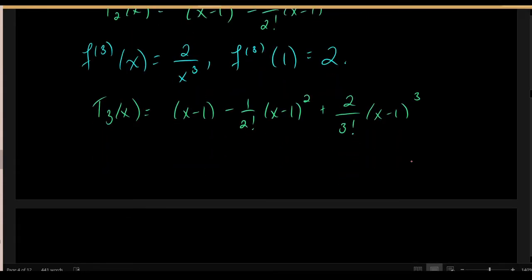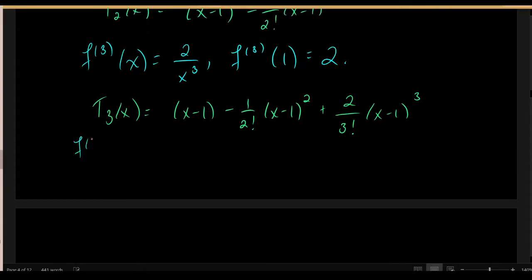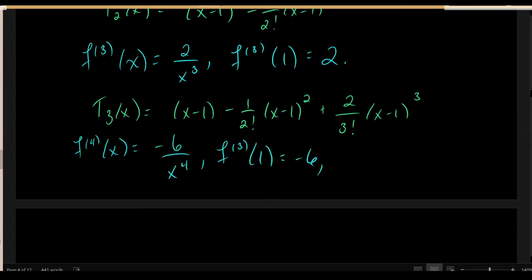And the last thing we have is n equals 4, the fourth degree Taylor polynomial, which requires the value of the fourth derivative. So if we plug that information into the formula for the fourth degree Taylor polynomial, we get everything that we had before: x minus 1, negative 1 over 2 factorial, x minus 1 squared, plus 2 over 3 factorial, x minus 1 cubed.